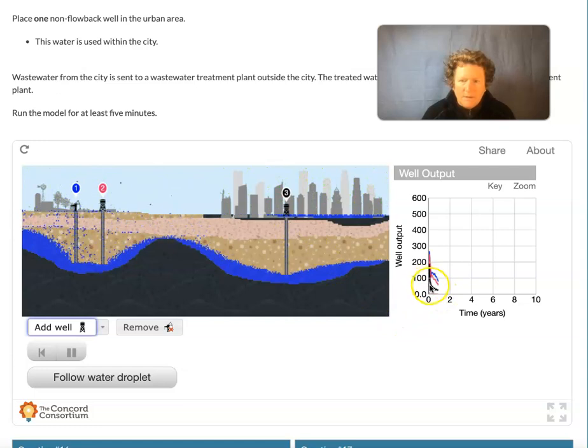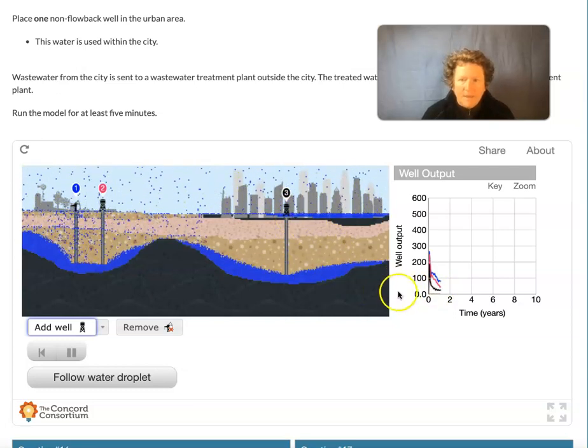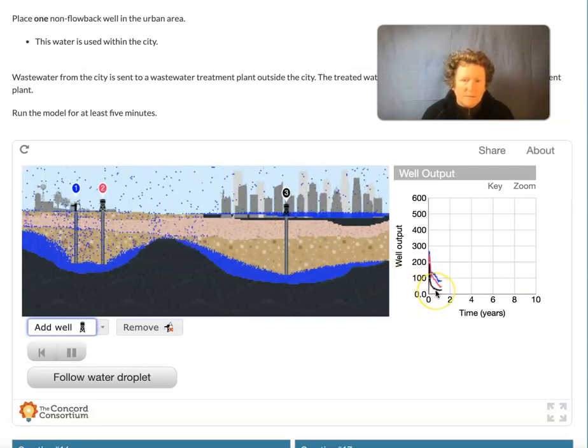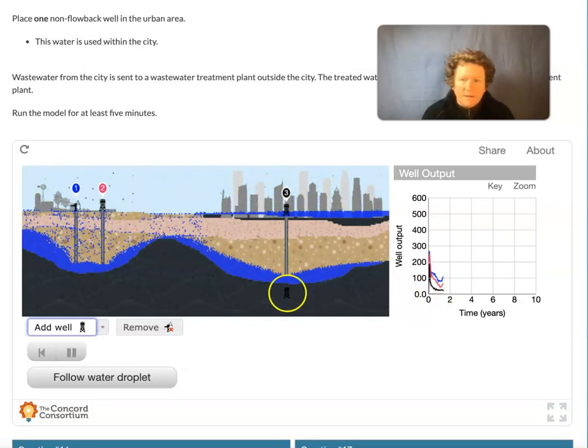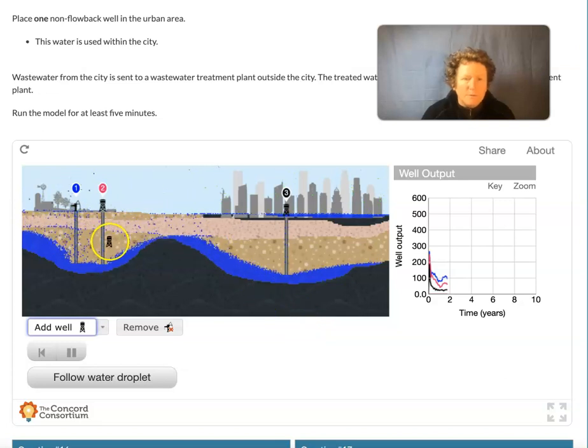Look what's already happening to this black line here, which is the non-flowback well in the urban area. What's happening to this aquifer? All the aquifers look like they're being a little bit depleted because we're removing water from this aquifer and we're sending it over to the city.